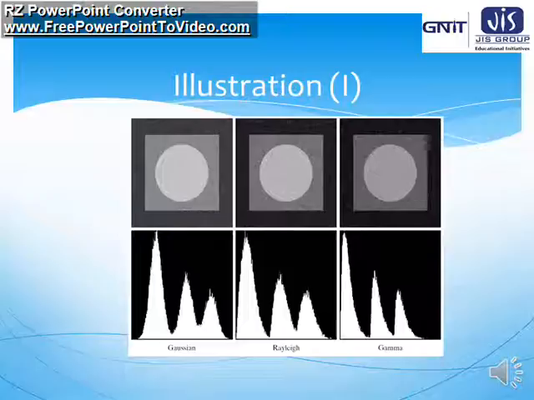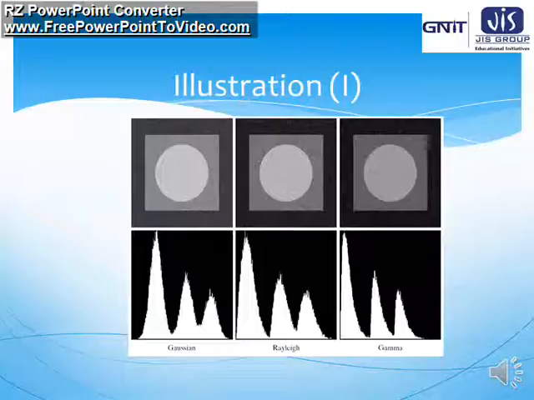Now there are some illustrations, we have to make them clear. We have to see these images very carefully. There are a total of 6 images. The first image is the image with Gaussian noise, the middle one is the image with Rayleigh noise, and the last one is the image with gamma noise. So all the 3 images have different types of noise, and in the next row the corresponding image histogram is depicted.